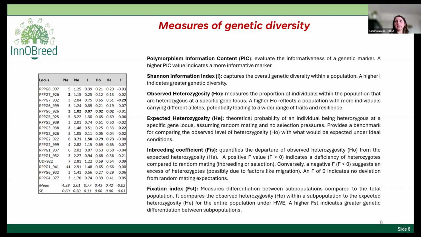But just to say that, by counting of the alleles, or through the analysis of allelic frequency, we are able to analyze and compare samples within populations, or the variability present between populations.